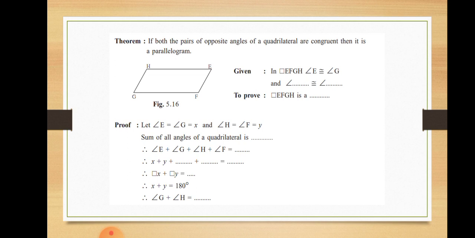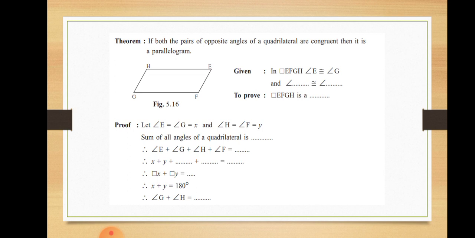In quadrilateral EFGH, angle E is congruent with angle G and angle H is congruent with angle F. Okay. And here we have to show that EFGH is a parallelogram.